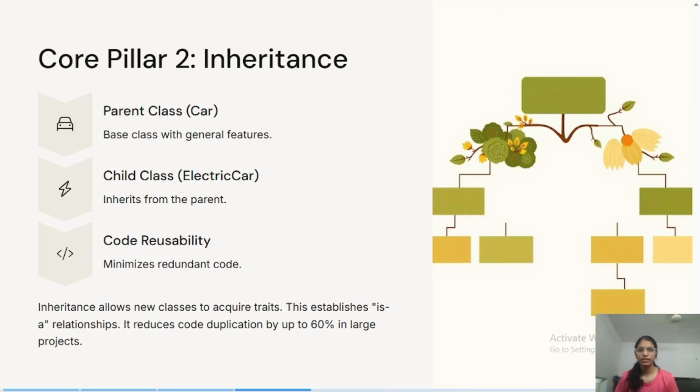That's how inheritance works, and inheritance also has different types. If you want to know the types of inheritance, you can check out my previous video about inheritance. This is just a basic outline.